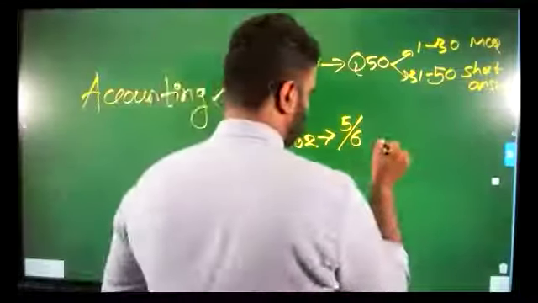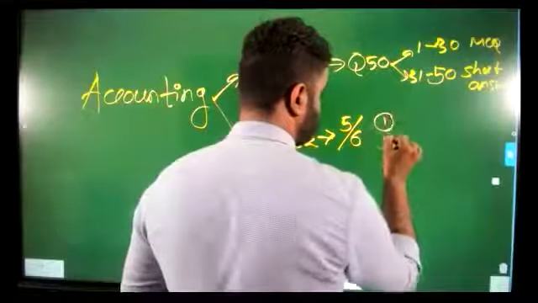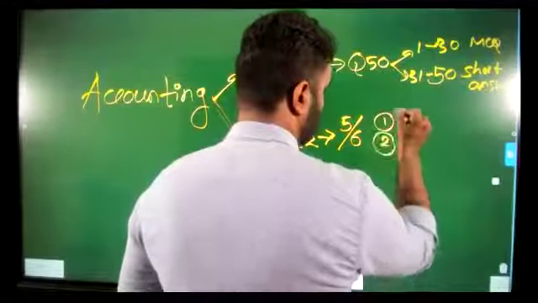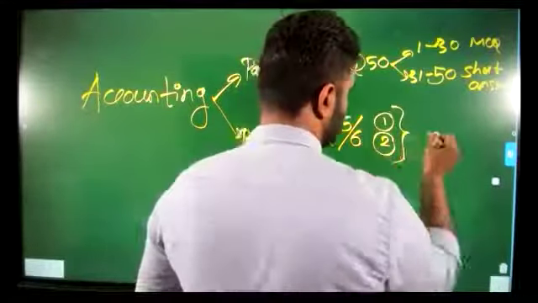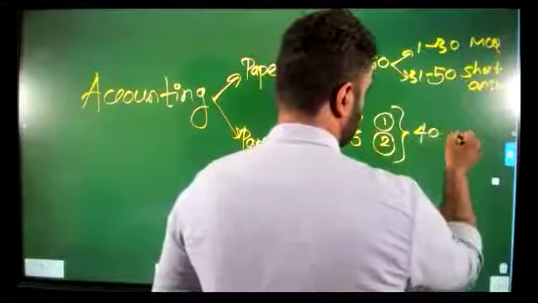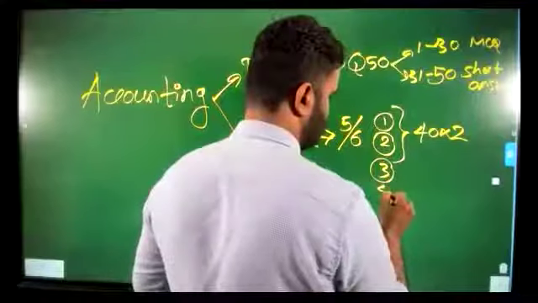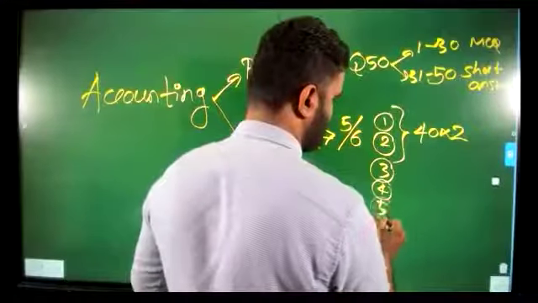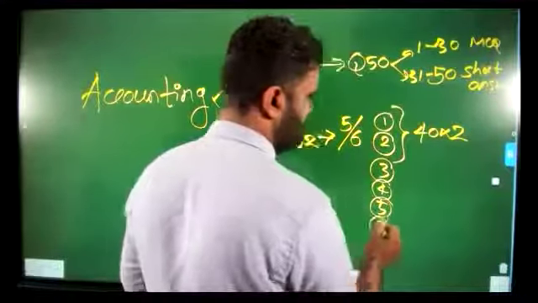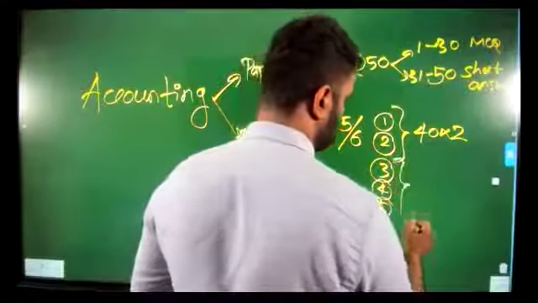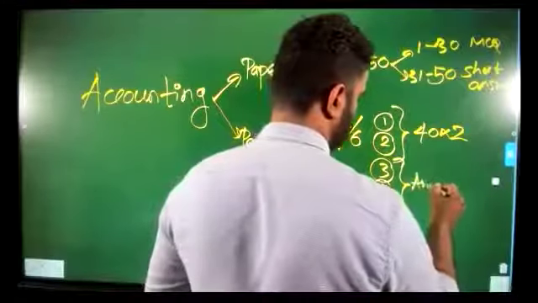The first 2 questions are compulsory. These 2 questions give you 40 to 80 marks. Then, out of questions 3, 4, 5, and 6, from these 4, you can select any 3 questions.